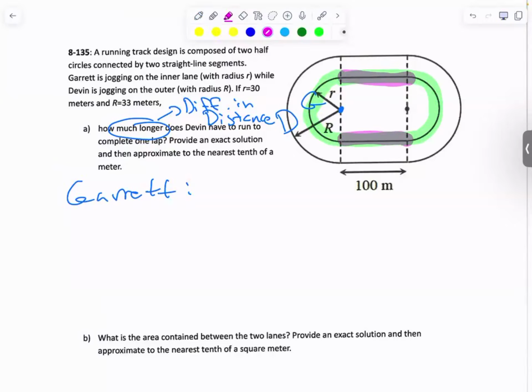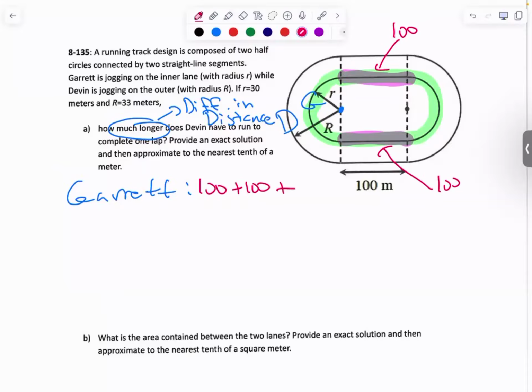Those two are straight line distances, right? The one that now looks gray because I did pink over green. So how long are each of those distances? 100, because it said so, right? So Garrett's gonna be 100 plus 100.